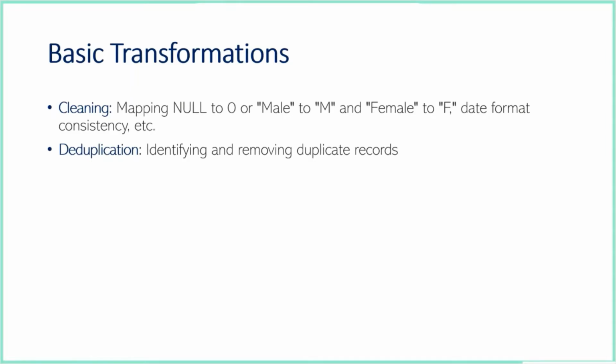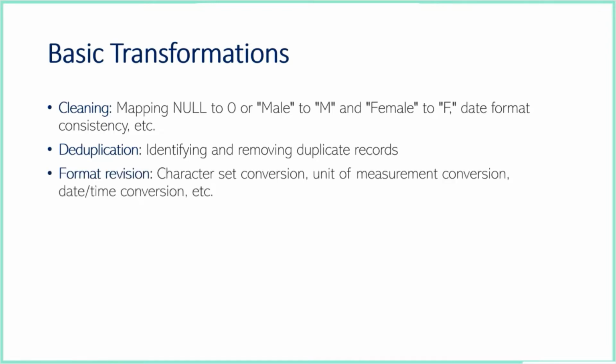And second, as I don't even need to explain, deduplication. If the source is giving duplicate data, maybe in the destination you might not want it. So after checking the incoming data, you might be filtering out the duplicates and removing them. And third, character set, right? Or the format. It might be currency format, it might be date format, or it might be the character set used in the source.